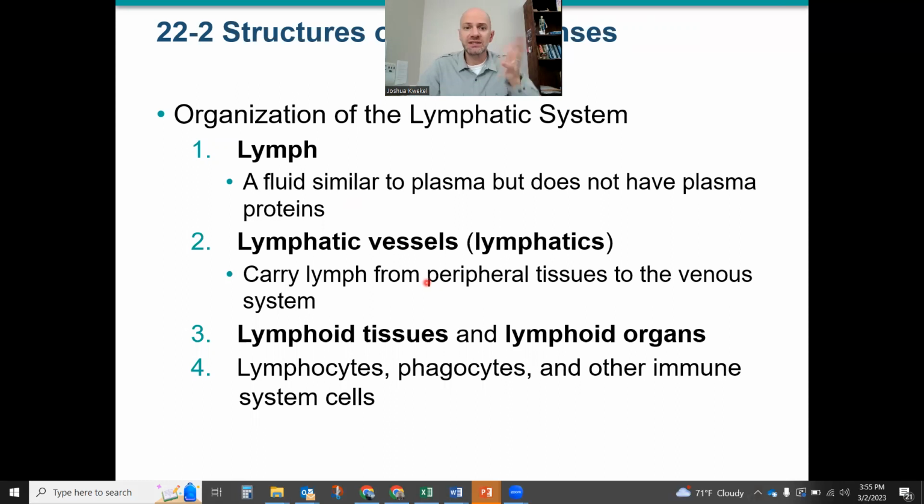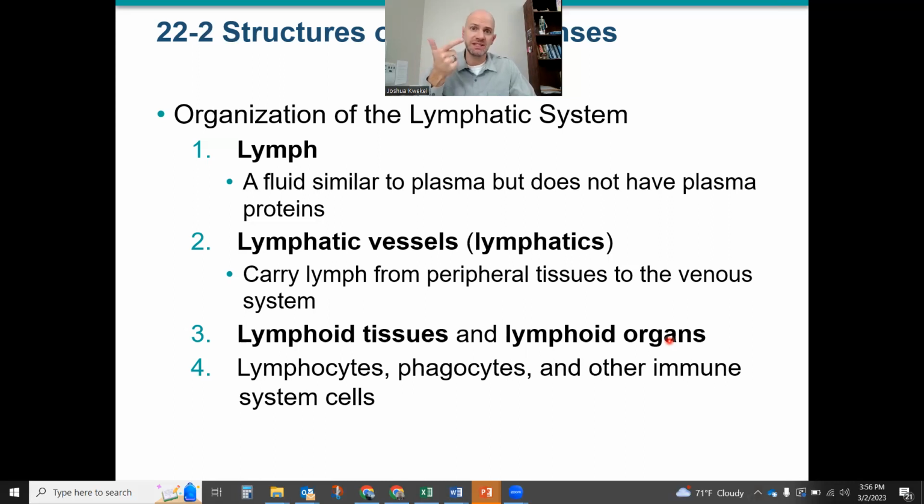The vessels are like veins. They're going to be physical characteristics, which are more like a vein than an artery because of the thickness of the wall, the dimensions, and the presence of valves. The lymphoid tissues and organs are a specific set of structures throughout the body where lymphocytes are produced or stored.